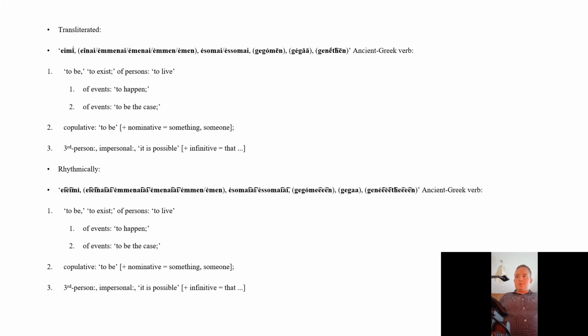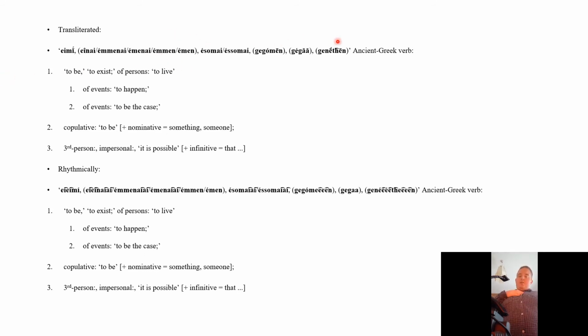And now when we come to transliterate the Homeric or epic form of eimi, here we have eimi, einai, emenai, emen, esomai, gegonomen, gegona, egeneto.